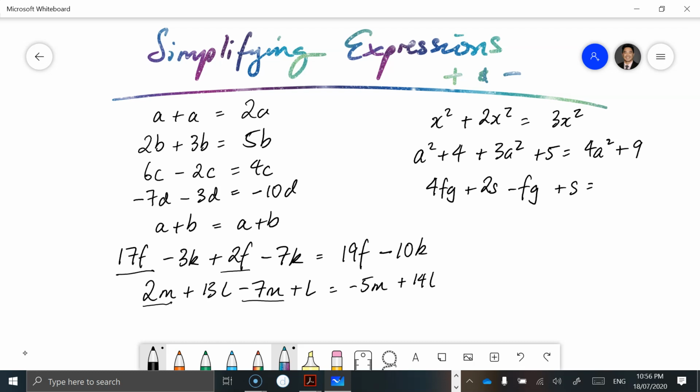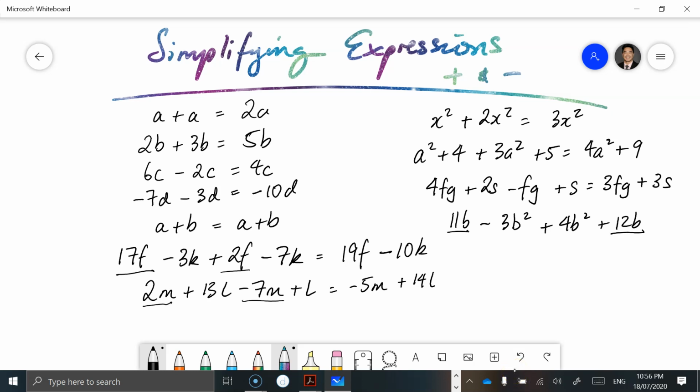We've got 4fg, we're going to subtract 1fg, so we've got 3fg left. And then we've got 2 snakes plus another snake, which gives us 3 snakes. And what I might finish off with is just to emphasize the powers. If we had 11b minus 3b squared plus 4b squared plus 12b, you'll notice that here we have a b and a b, but the other two terms are squared.